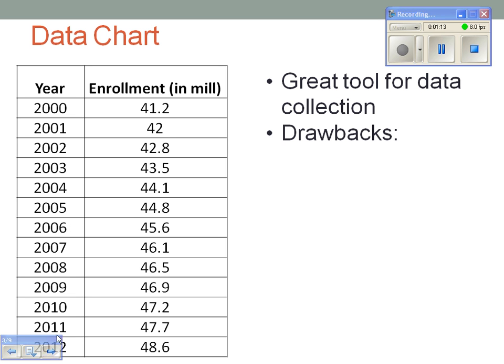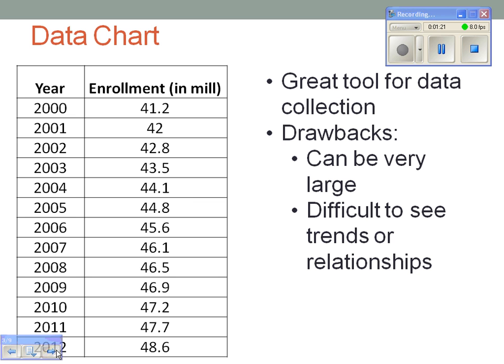if you look at this chart in just one little second, it's kind of hard to see a trend or a relationship. If I just flash you this chart, because of how many numbers are in front of you, you can't just look at it and tell me, oh yeah, enrollment has changed in this way in the past 10 years.